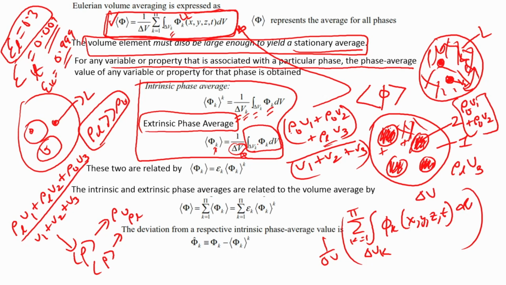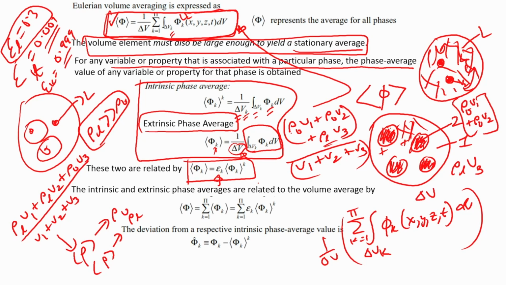Okay. So, that is the difference between the two, and these two are related just by applying the volume fraction, right. You can apply the volume fraction to this and you will find that this will boil down to that. So, extrinsic and intrinsic phase averages are related to each other. You know the volume fraction, so you can convert one from the other.